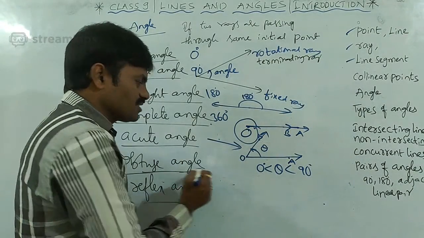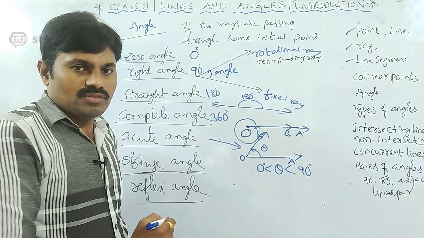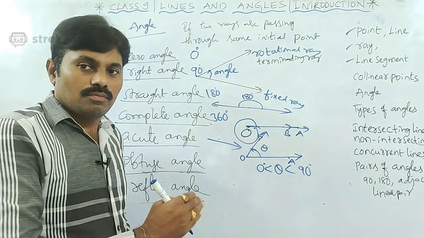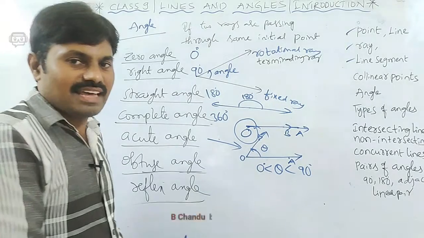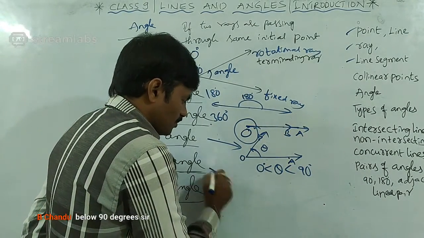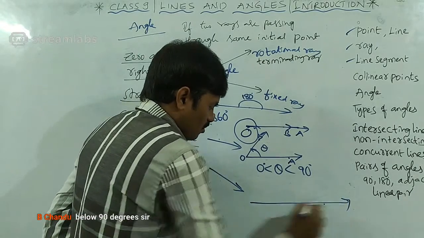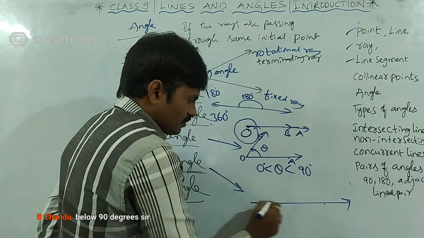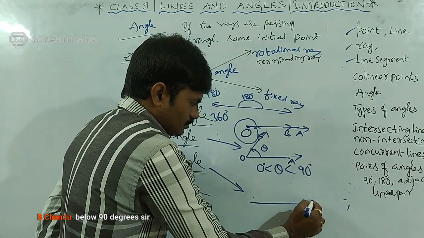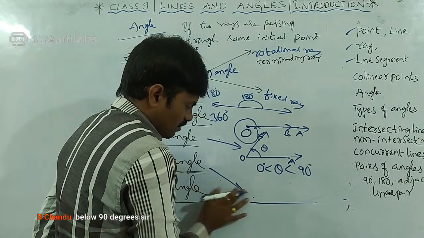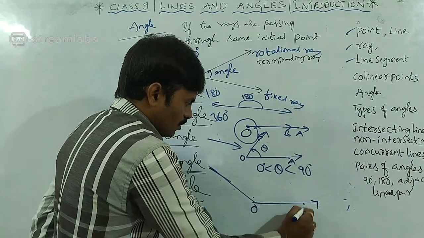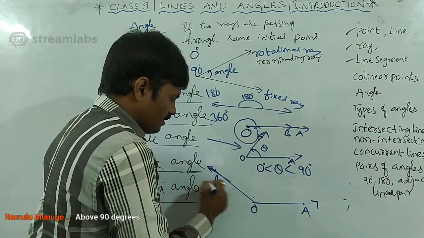Now come to the obtuse angle. Obtuse means more than 90 degrees and less than 180 degrees. These are the two rays OA, OB.